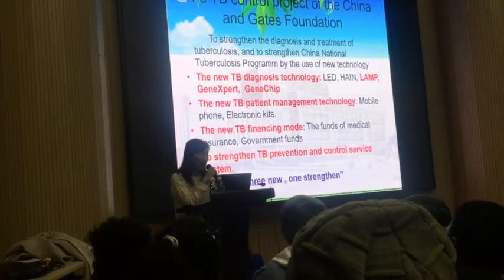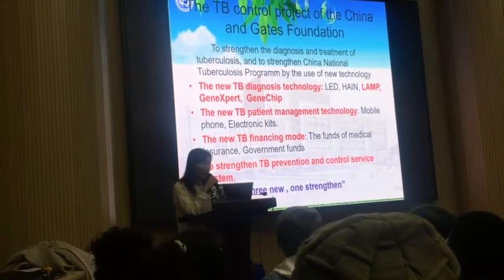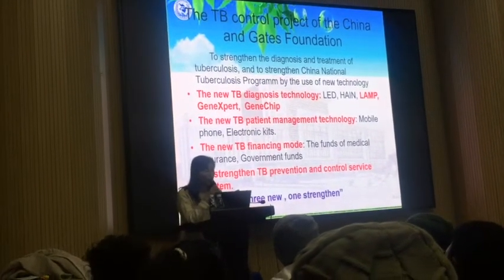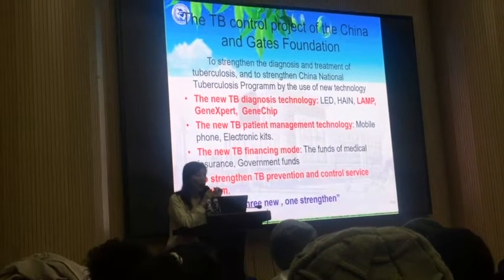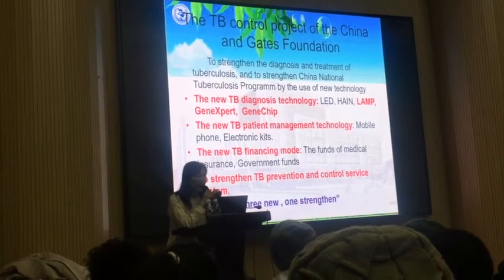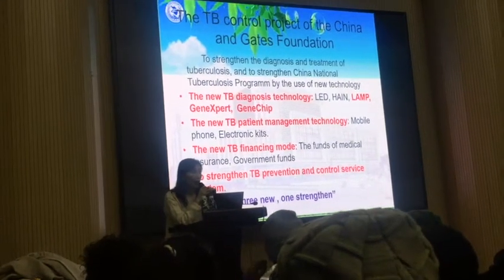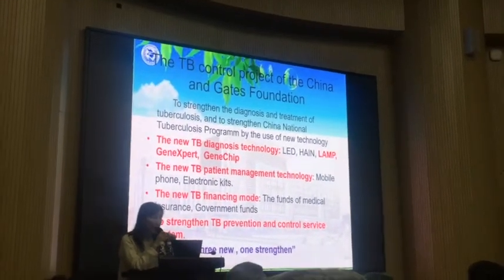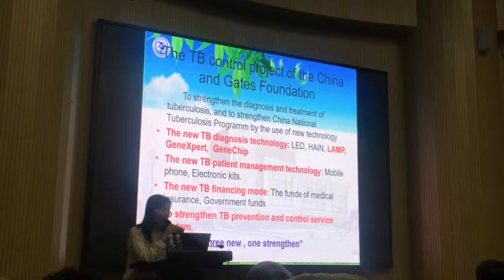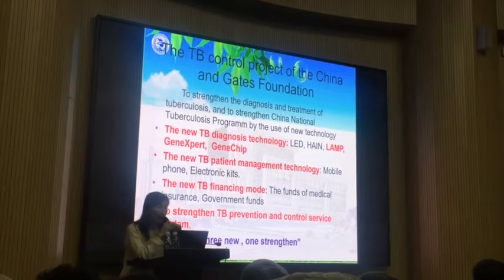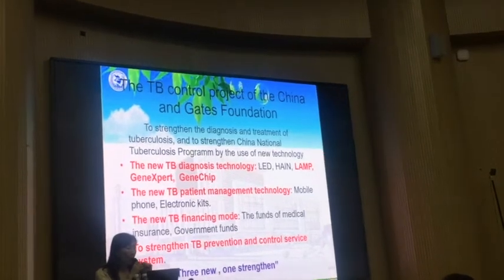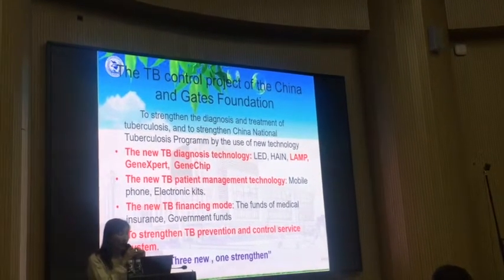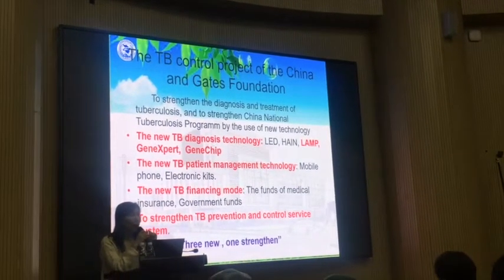So, three new things. What are the three new? First, the new TB diagnosis technology, such as LED, LAMP, GeneXpert, gene chip. And the second new is the new TB patient management technology. We use mobile phones and electronic kits to manage the TB patients.